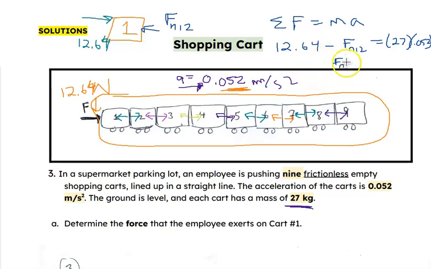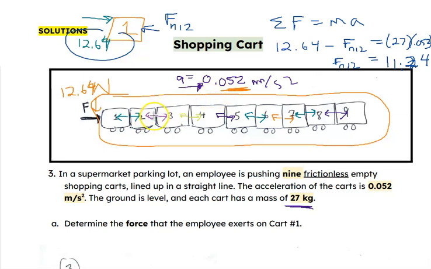And you get that the normal between carts 1 and 2 is 11.24, which is less than the 12.64. Otherwise, cart number 1 would not accelerate. It needs a net force to the right because it's accelerating to the right.